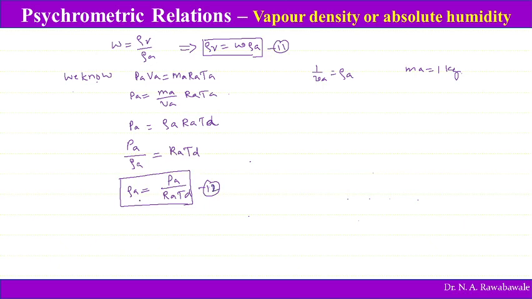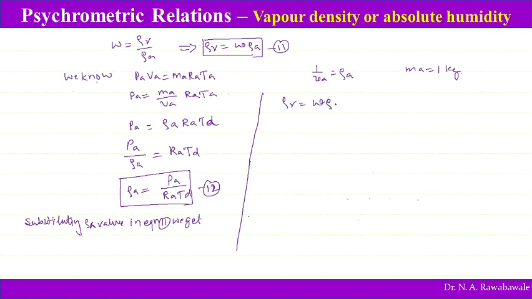So substituting this value of rho A from equation 11, we get rho V is equal to omega rho A, or else rho V is equal to omega into PA divided by RA TD. So rho V we get as like this.